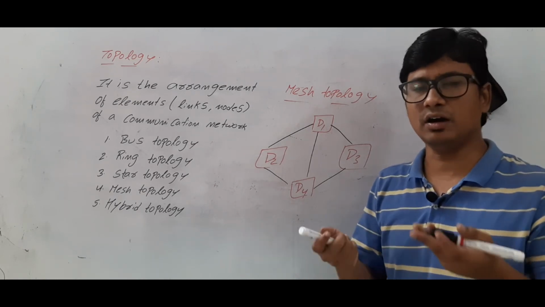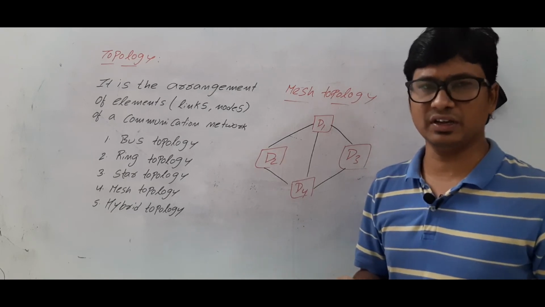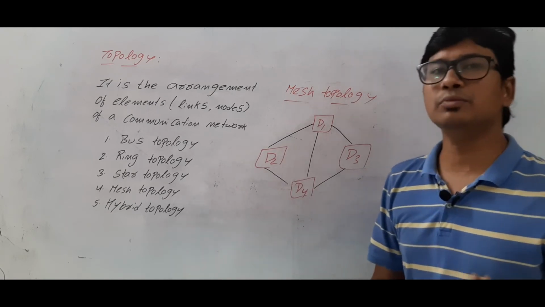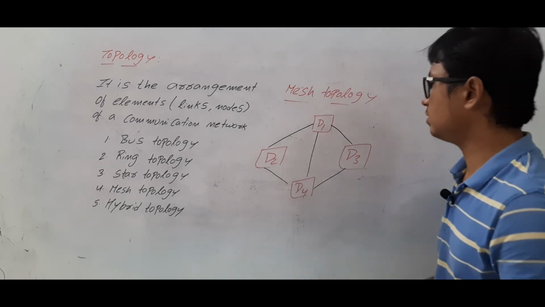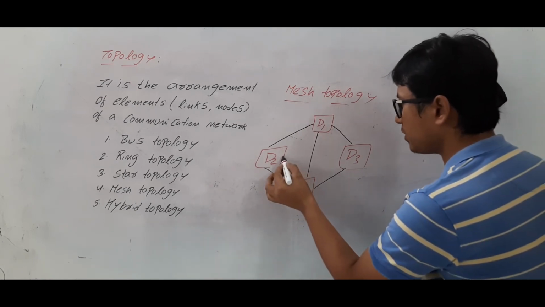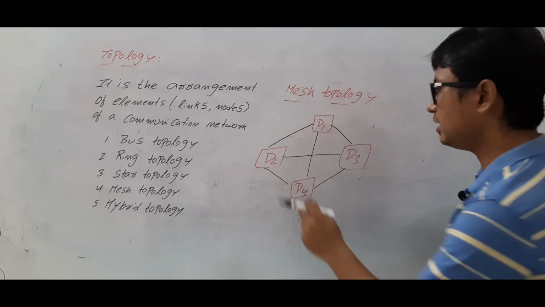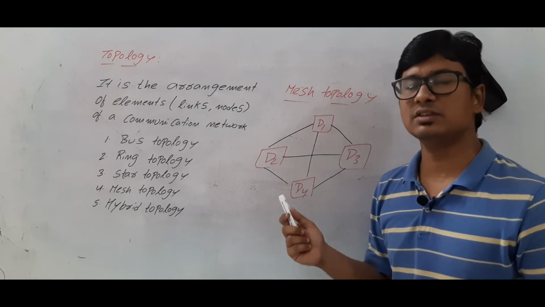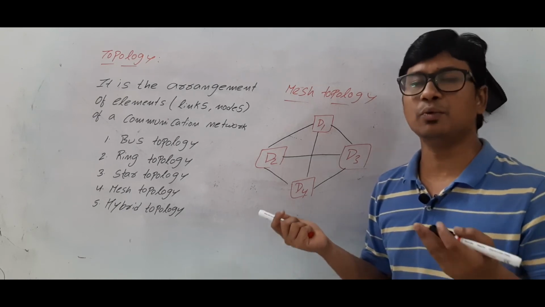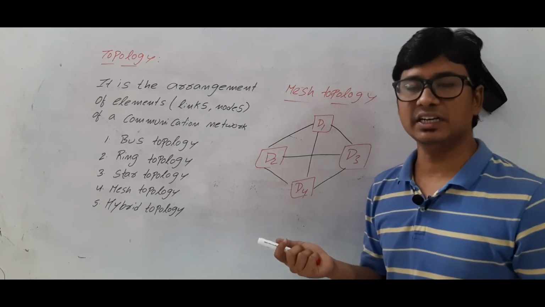Am I right or wrong? Or the communication between the devices fails. So to have reliable communication, people have gone for the mesh topology. Okay, I forgot to draw a communication link between device 2 and device 3, and all the links are half duplex, or you can consider them full duplex. I want to tell you they are bidirectional links.